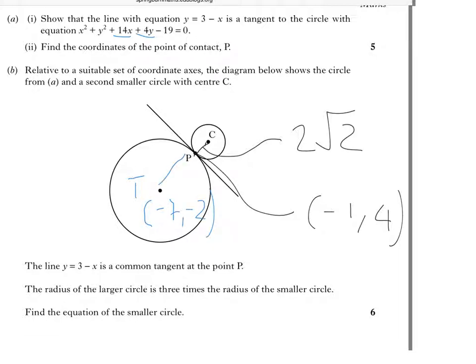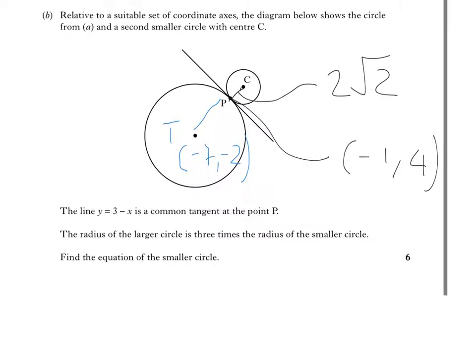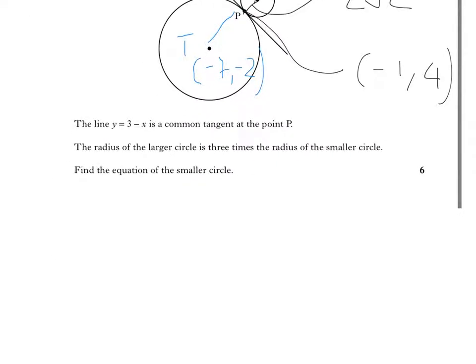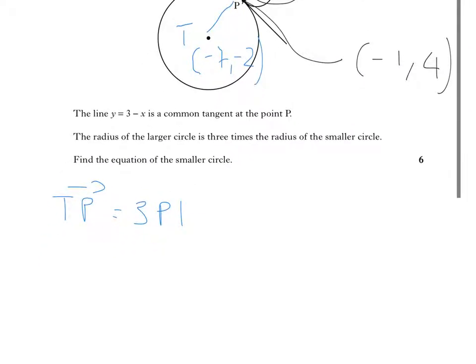Now what I can then see is, since TP is the radius of the bigger circle, and that's triple the radius of the smaller circle given by PC, I can then put down a relationship which is TP is equal to 3 lots of PC. So that's P minus T equals 3 lots of C minus P.